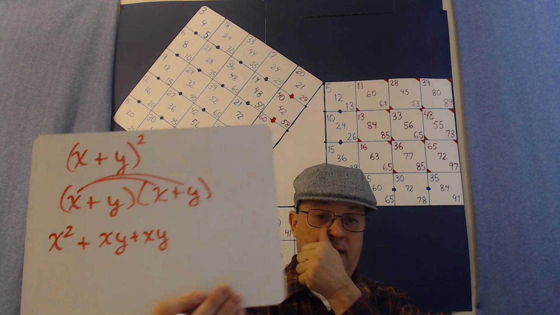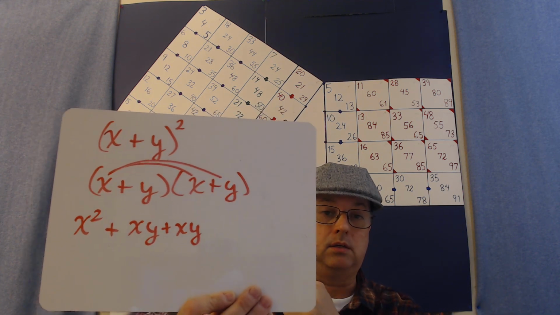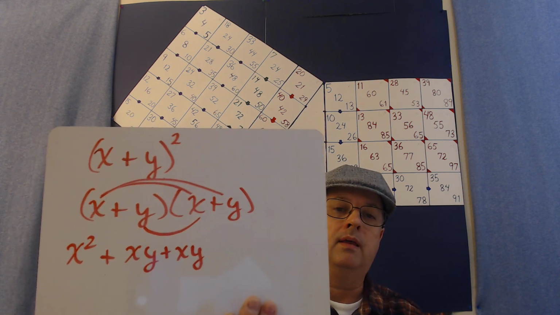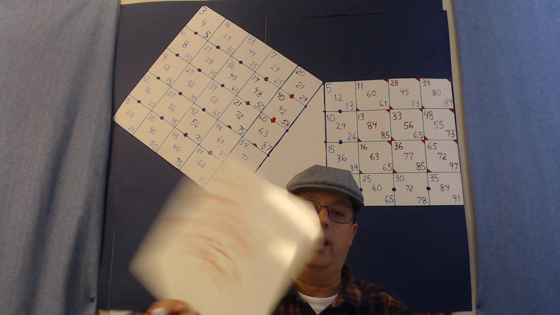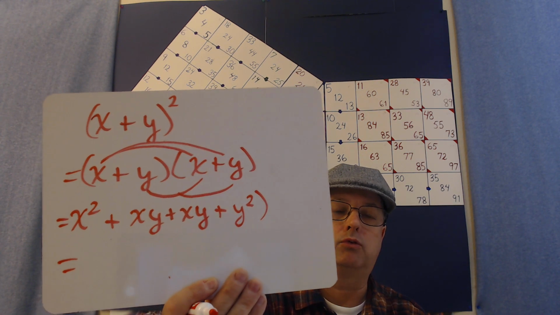And then Y times Y, giving us Y squared. And then X squared plus XY plus XY.